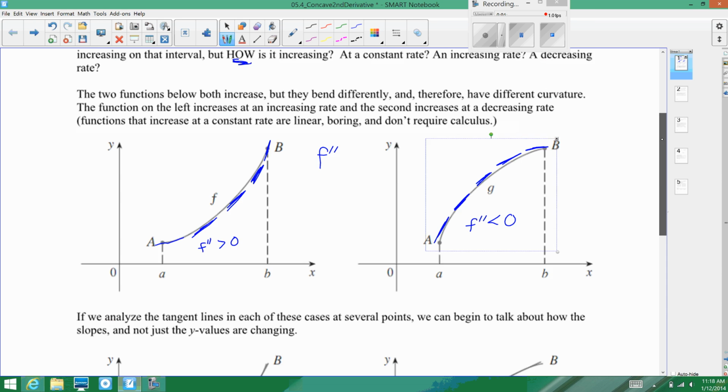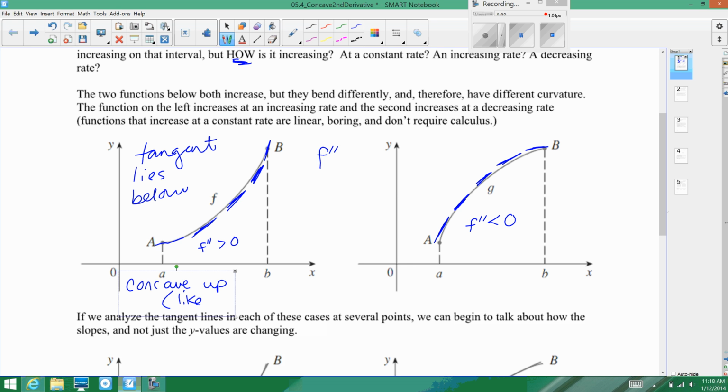Also notice that here the tangent lines are below the graph, and on the other side the tangent lines lie above the graph. When the tangent lines are below the curve, we call this concave up, like a cup.